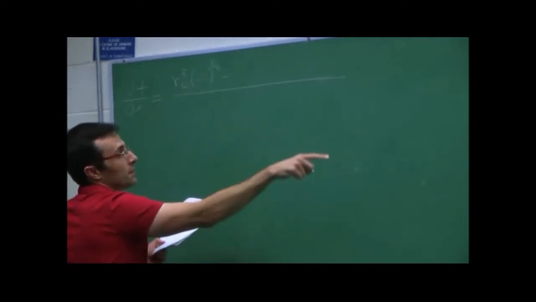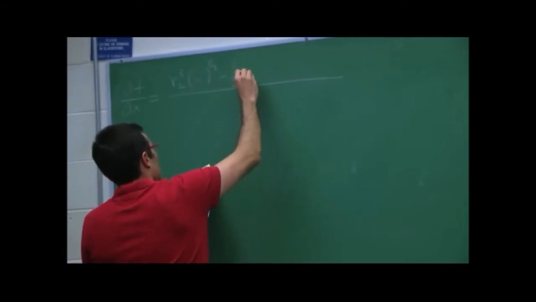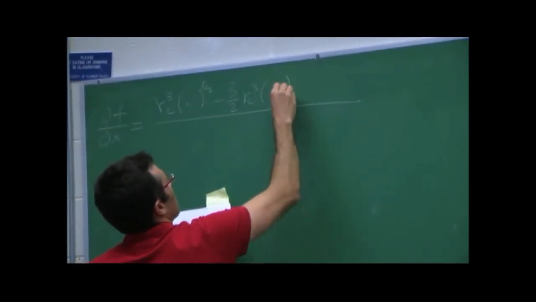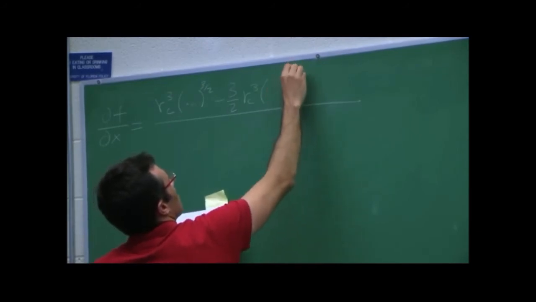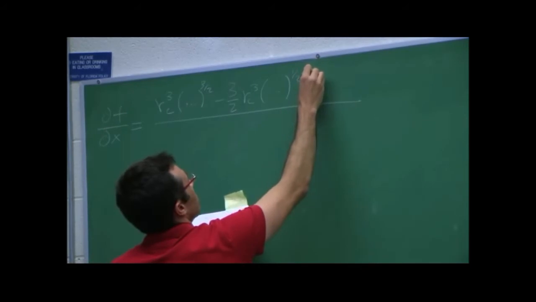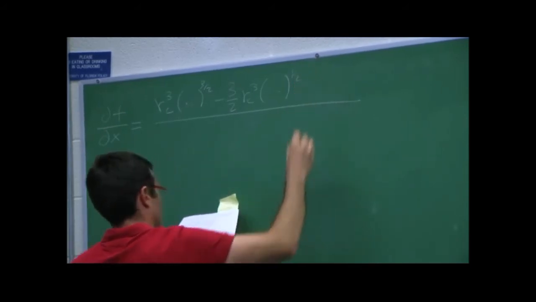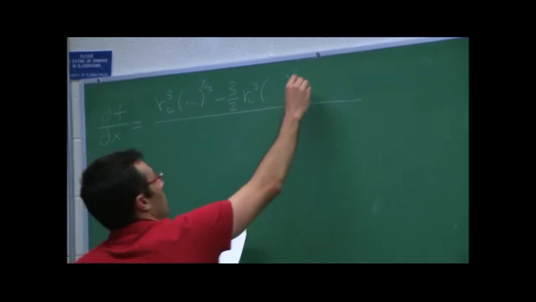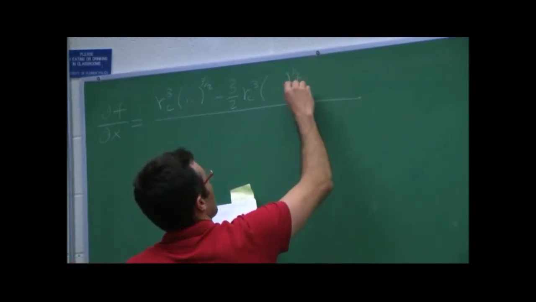Minus, now I take this monster here and I take its derivative, so everything that is below there under the fraction, I have to do the derivative, so it's minus 3 over 2 RC cubed. Now this becomes whatever is in there to the 1 over 2. Okay? Agree? That multiplies. Well, I'm not done.